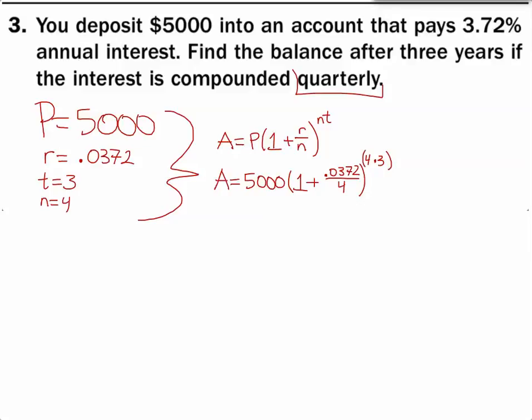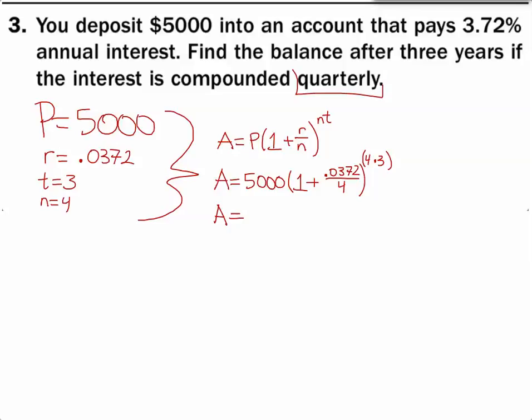As before, I recommend you put these in parentheses. You can spend your time simplifying this into little pieces if you want, but you all have calculators that can just do it all in one fell swoop.